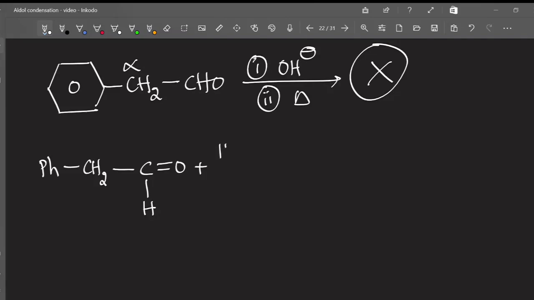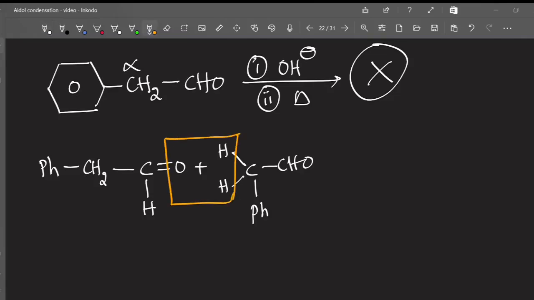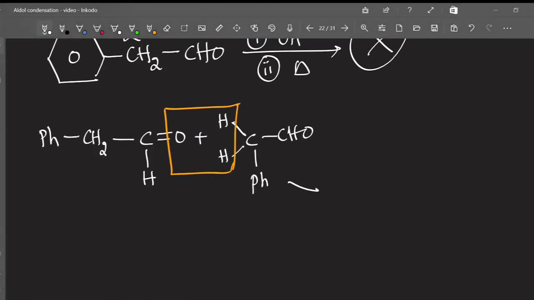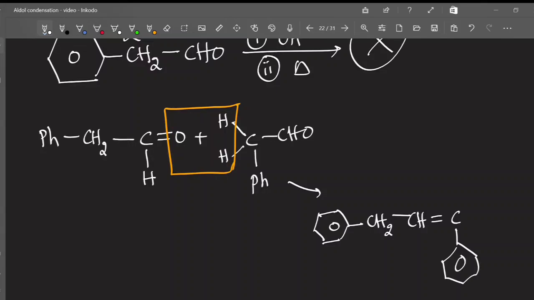So we have to point out the hydrogens towards the oxygen, and then we have a phenyl, and then we have a CHO. Simply we have to take out water, and then what we are going to get is a benzene, then CH2, CH double bond, and then a carbon with the phenyl ring, and then the CHO. Yes, this is the major product, right?